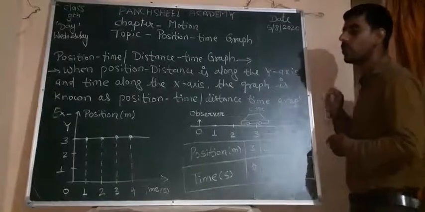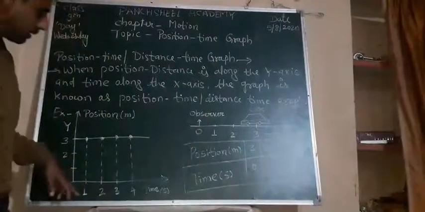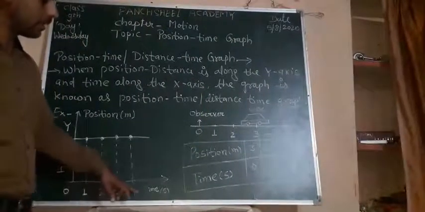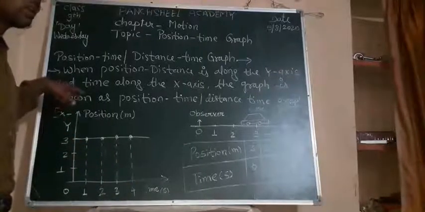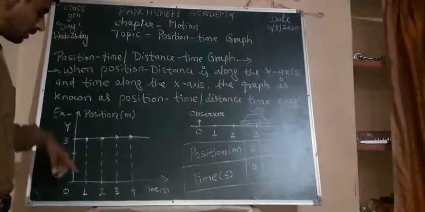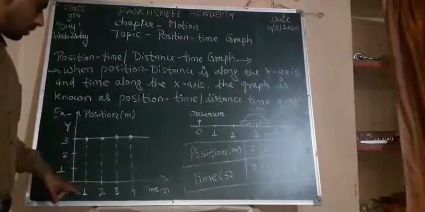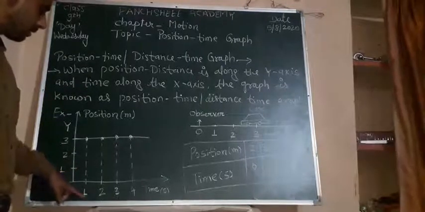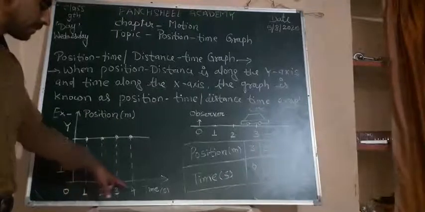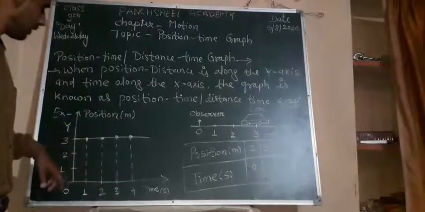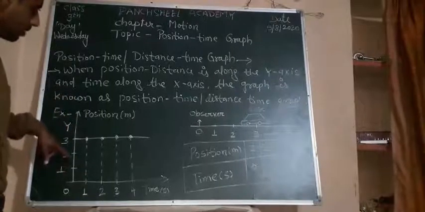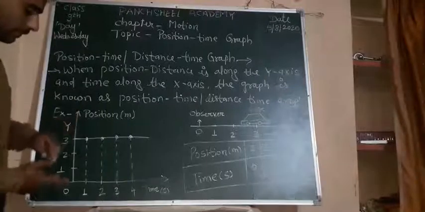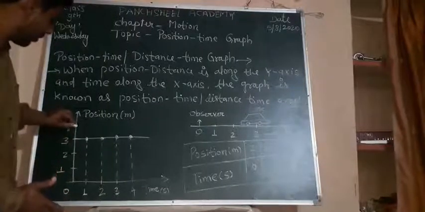So how to plot the graph? Please see here. This is the time interval along the x-axis and this is the position along the y-axis. On the x-axis, time in 1 second, 2 second, 3 second, 4 second, and along the y-axis the position or distance in 1 meter, 2 meter, 3 meter, 4 meter and so on.